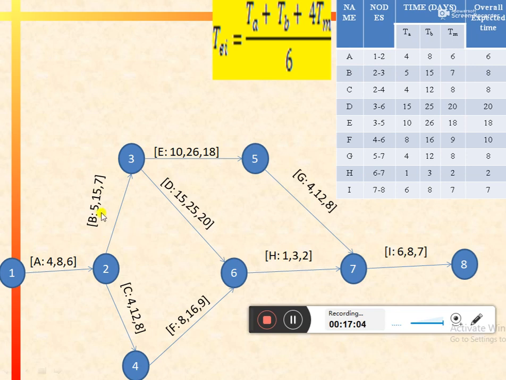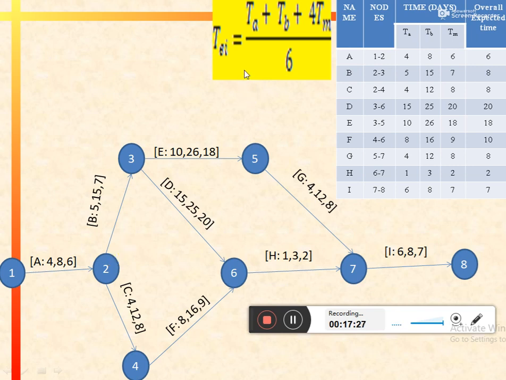So the first number denotes the optimistic time for that particular activity, the second number denotes the pessimistic time, and the third number denotes the most likely time of completion for that particular activity. So in this way we have denoted these time estimates for each activity in this diagram.